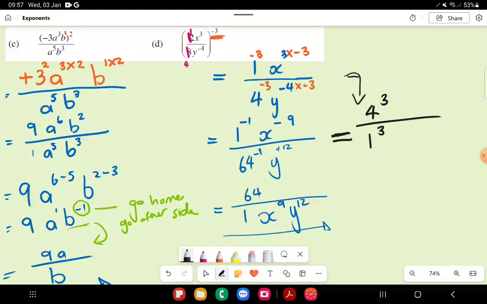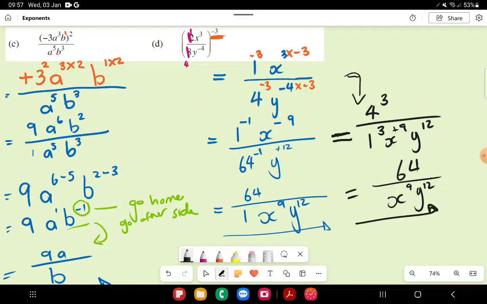And then my x's, I could have simplified x minus 9, or I could have put the x minus 9 here and the y12 there. That would have been okay, because this would have given me the exact same answer, which again is going to be 64 x, sorry, that would have been positive 9, x9, y12, which is the same answer. So remember, when it comes to BEDMAS, multiplication and division is interchangeable. You can do one first and then the other. It doesn't matter which one comes first.